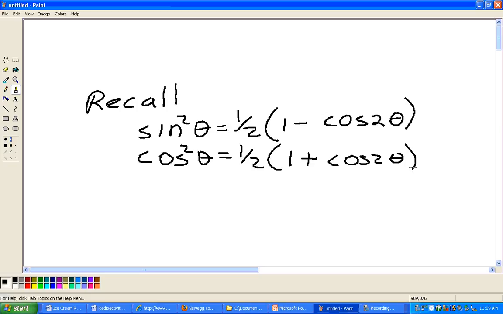The other trig identity that you should know is that the cosine squared plus the sine squared equals 1.